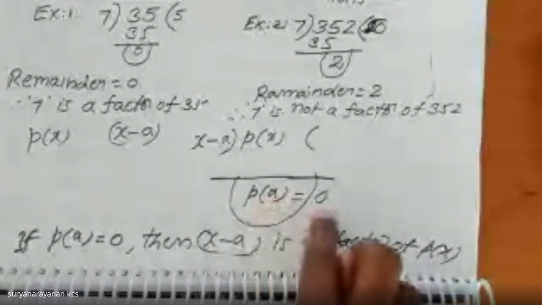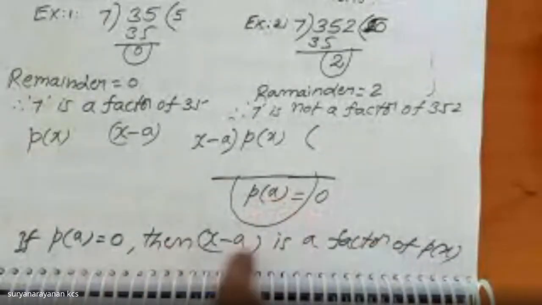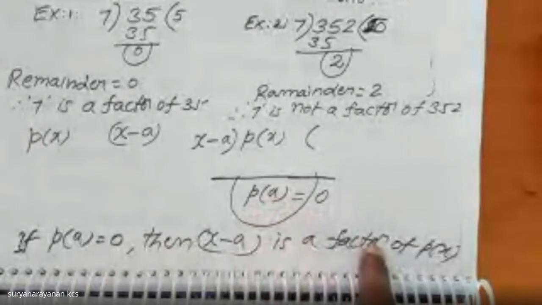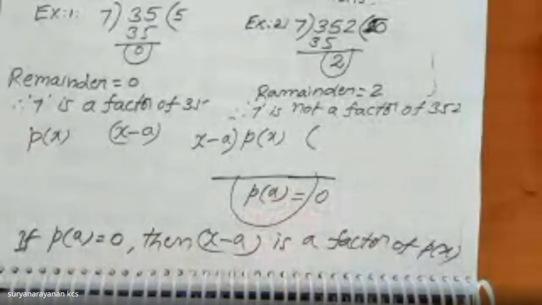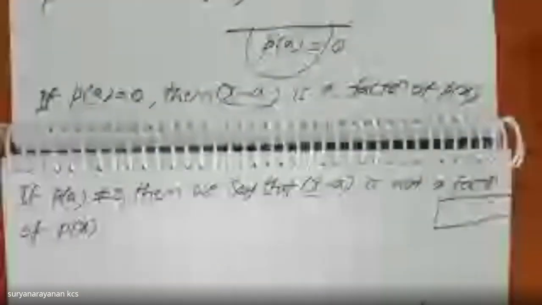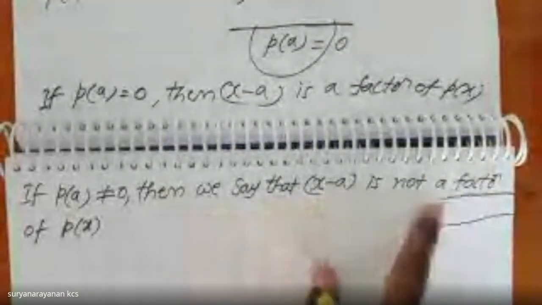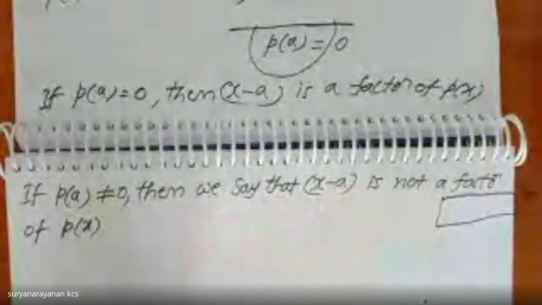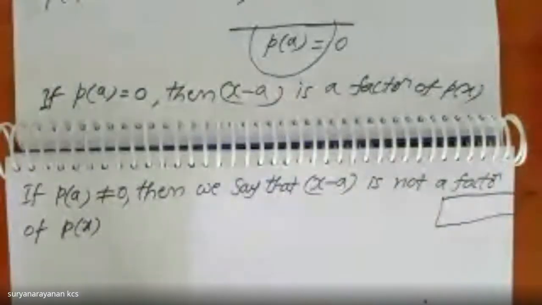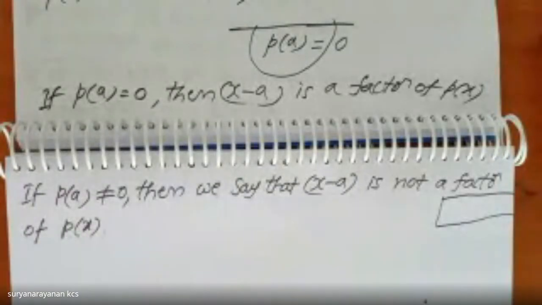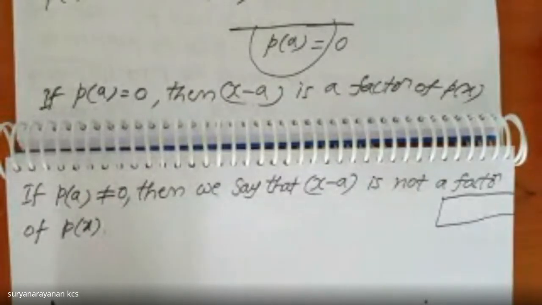If P of a is equal to 0, then we say that x minus a is a factor of the polynomial. If P of a is not equal to 0, then we say that x minus a is not a factor of P of x. Understood this concept, my dear children?